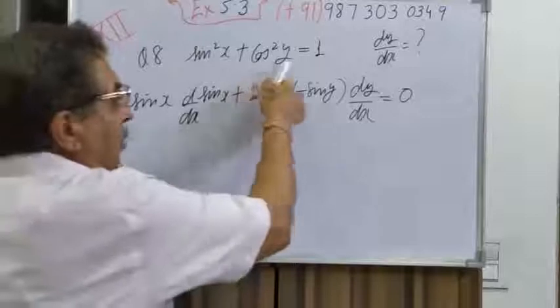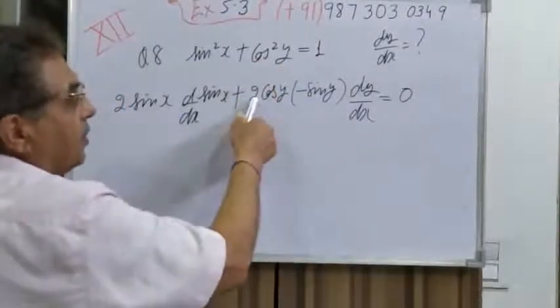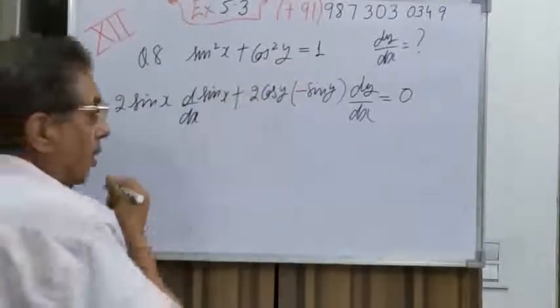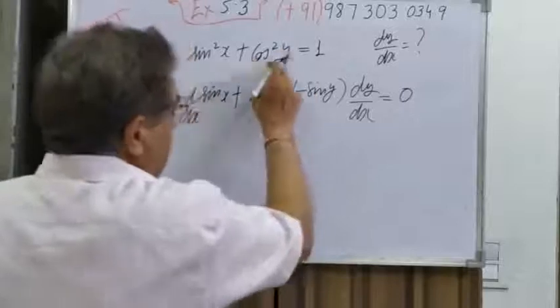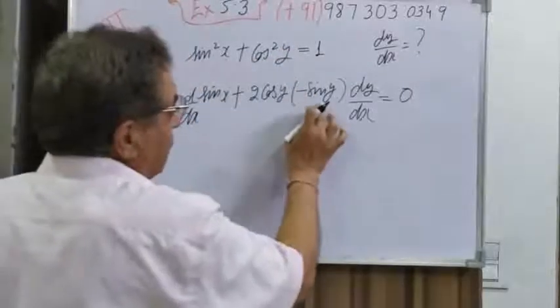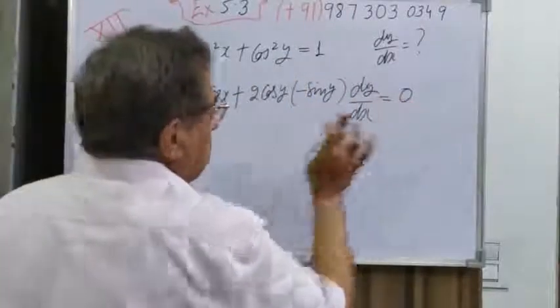Look at the cos square y, how I have done it. First of all, 2 comes here, power 2 minus 1, that is cos y. Then the derivative of cos y gives us minus sin y. Then y gives us dy upon dx.